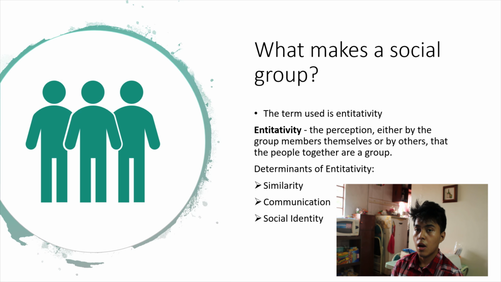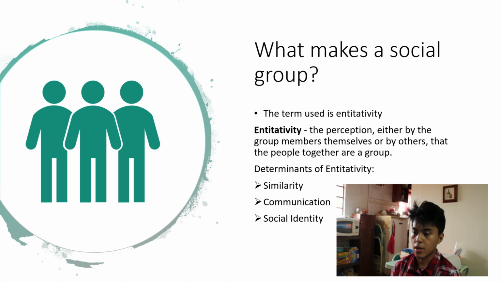For example, I play basketball and my friends play basketball. That's why we have frequent communication, which is the second one, on how great basketball players are in the NBA, and our ideas and opinions are expressed. So I've explained two: similarity and communication.